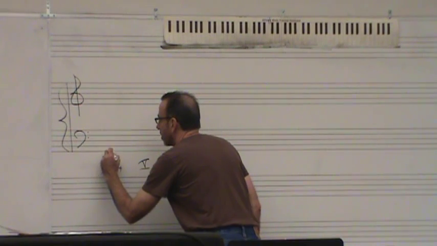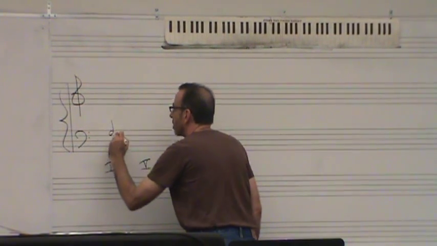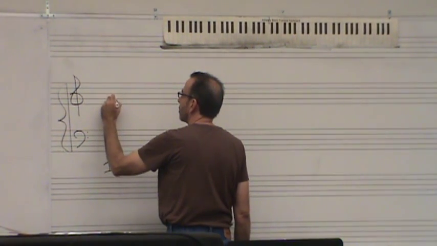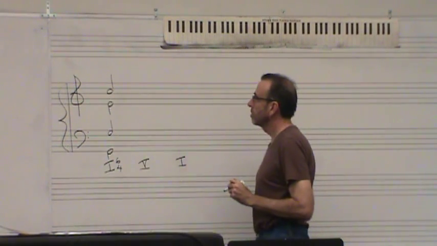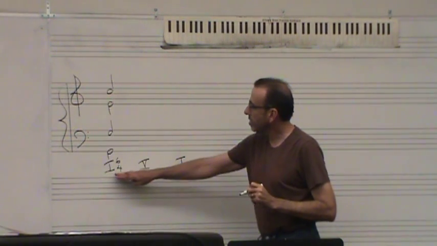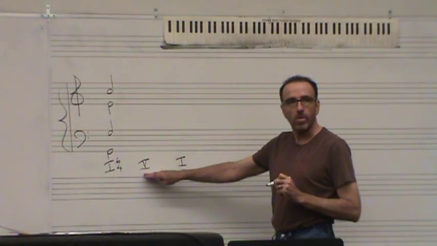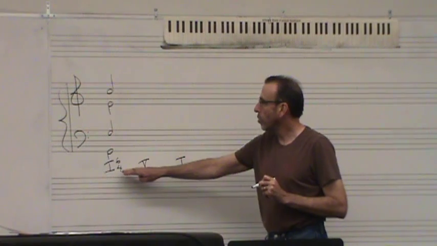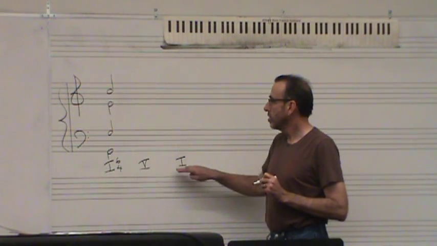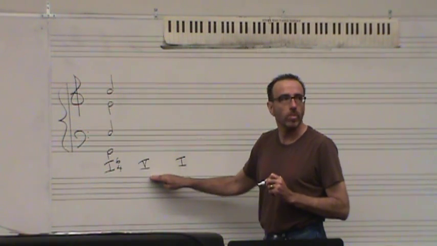So here's where this is really like a delay of arrival of the dominant. The I 6/4 to V to I is like a cadential formula.